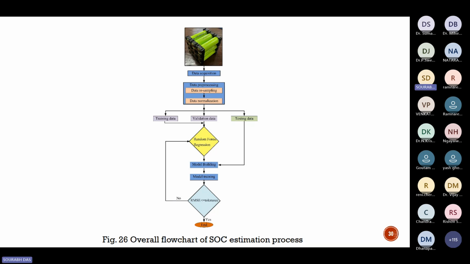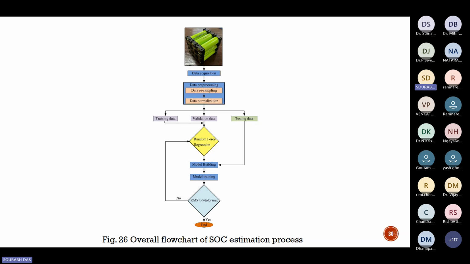Then we go to random forest regression. This builds multiple decision trees and merges them to obtain a more accurate and stable prediction. We have the input data of terminal voltage and current, and using these input data we will get the output, SOC.